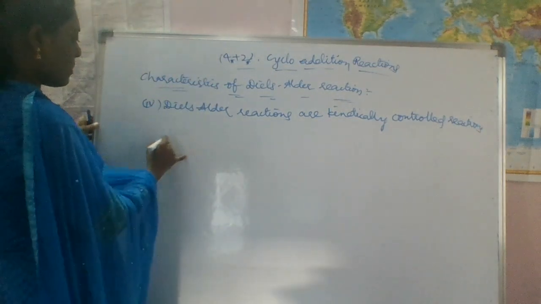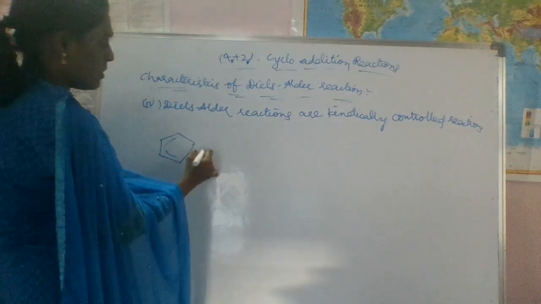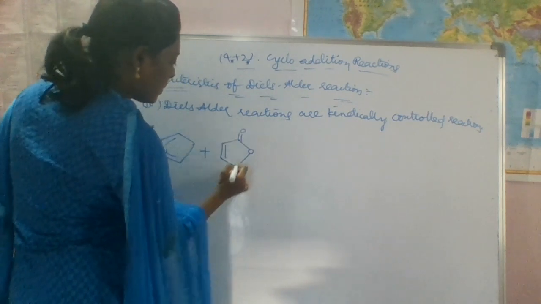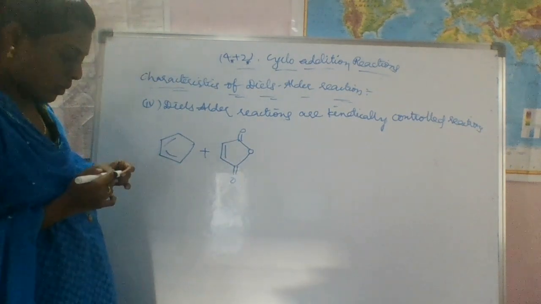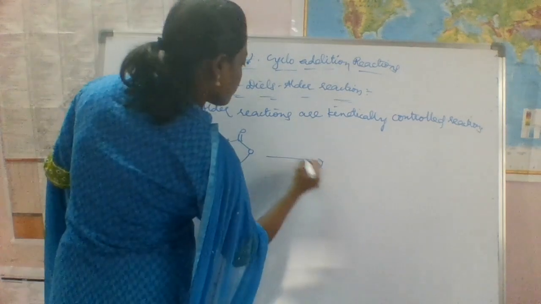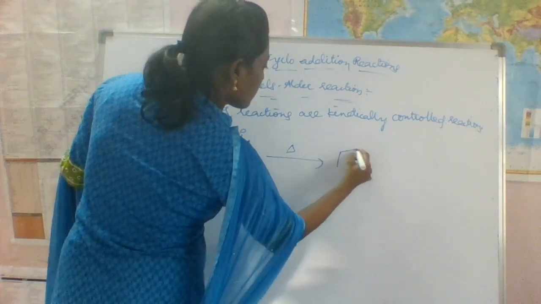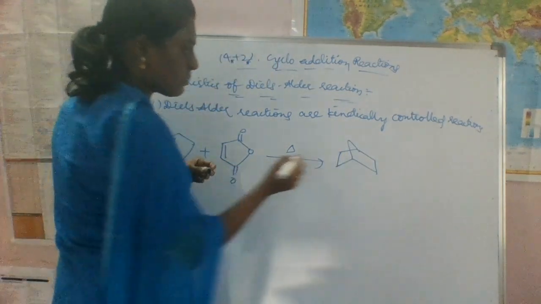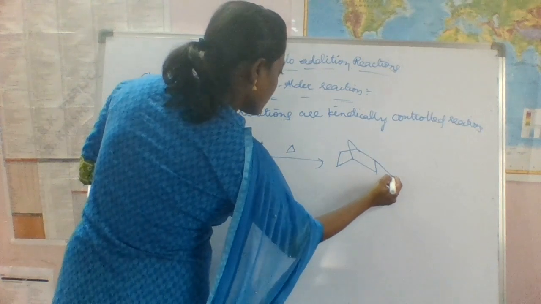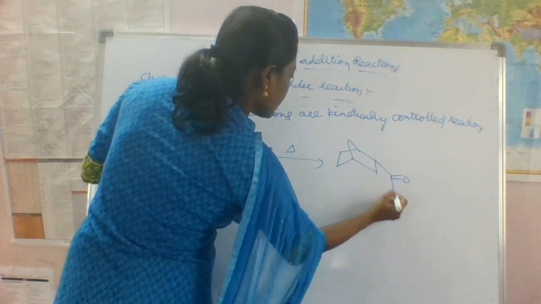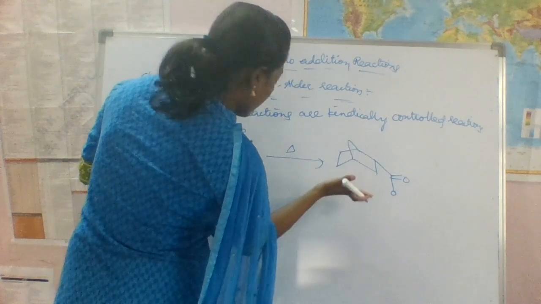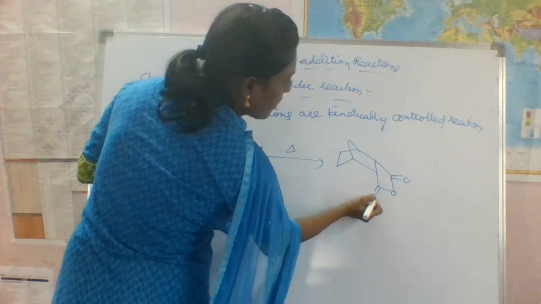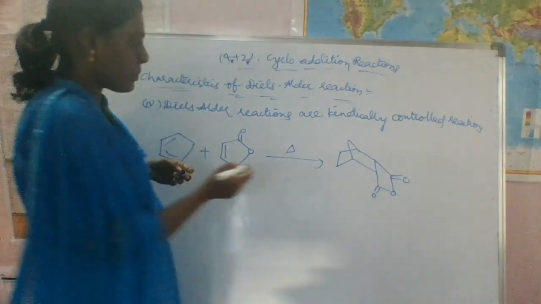If you see here, this is the example. It will give especially one product, the endo product.